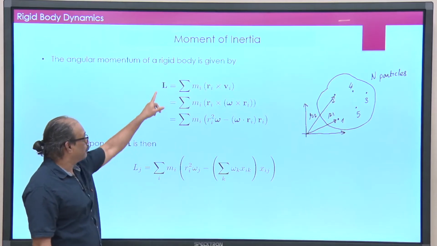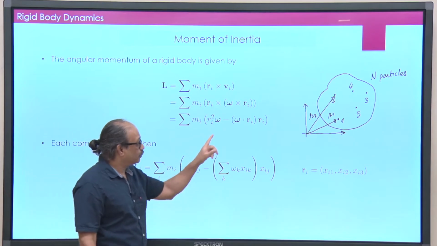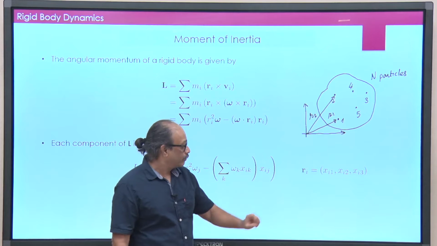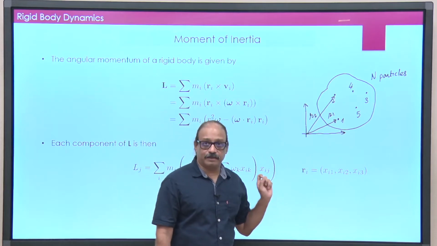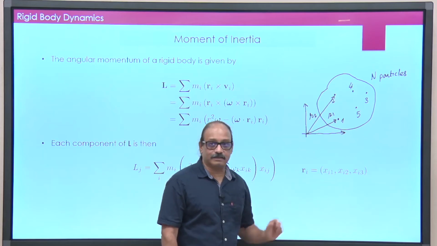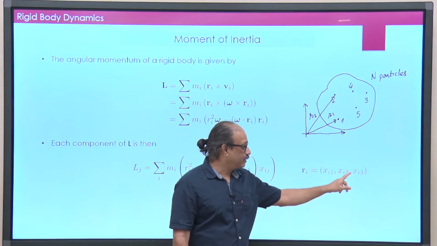So, the jth component of L will be given by, so I am going to also write this r_i vector. Remember, there are too many indices here now. So, i stands for the particle index, and then the r_i vector has 3 components, that is x_i1, x_i2 and x_i3.